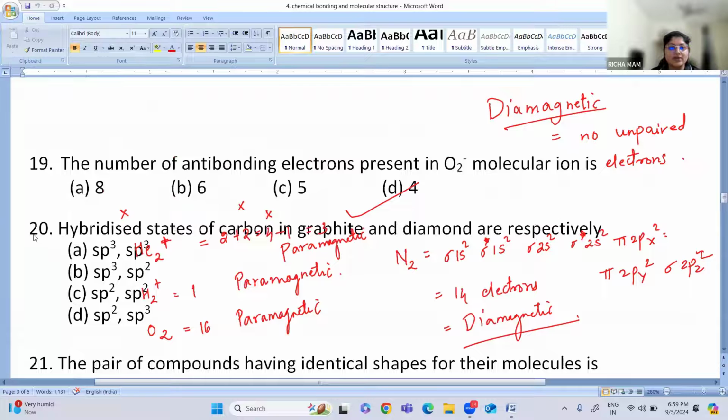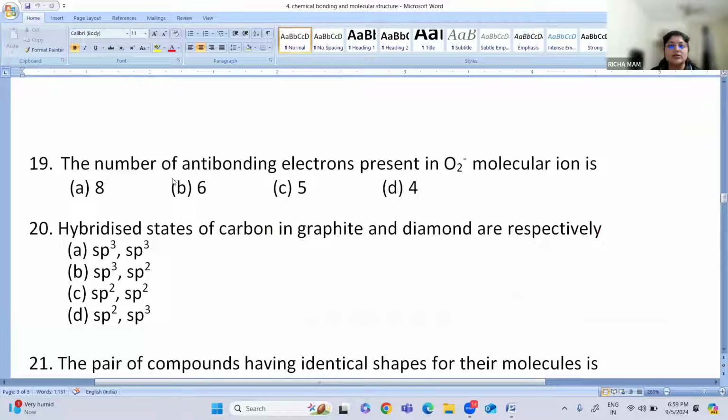Let us go for the next one. The number of antibonding electrons present in the O2 minus molecular ion is?